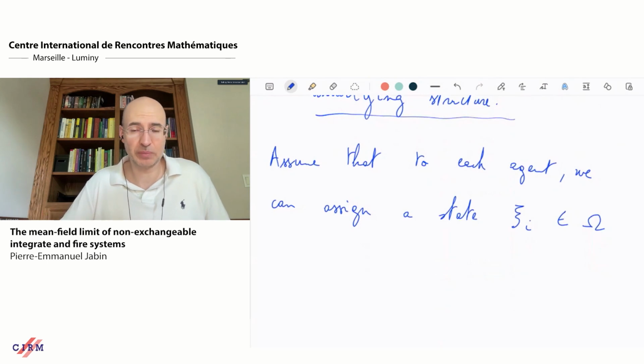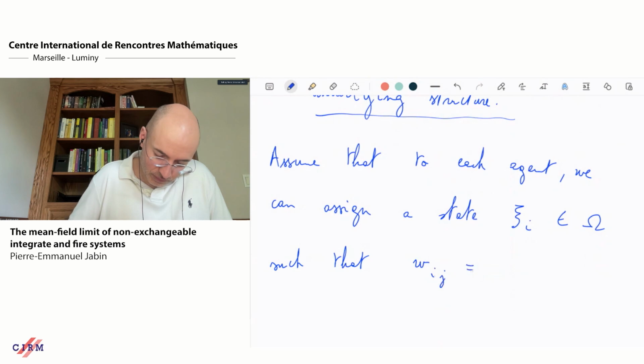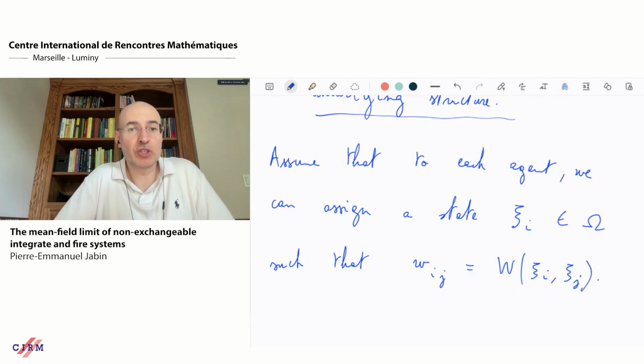So this doesn't really matter much. All right, so I can assign a state psi I such that the Wij is simply some function of psi I and psi j. Okay, very, very simple.